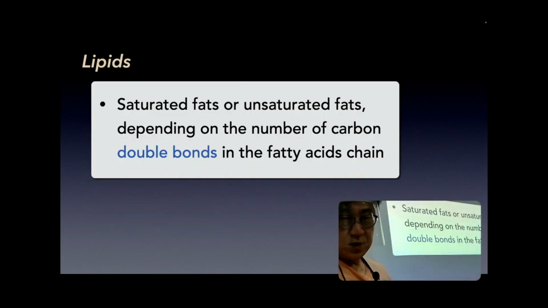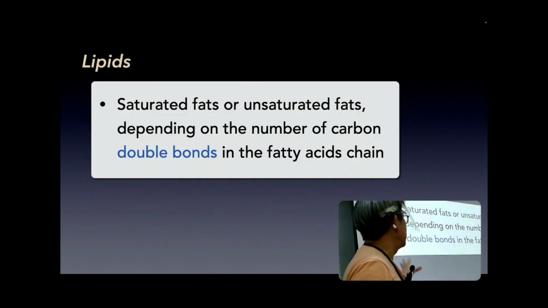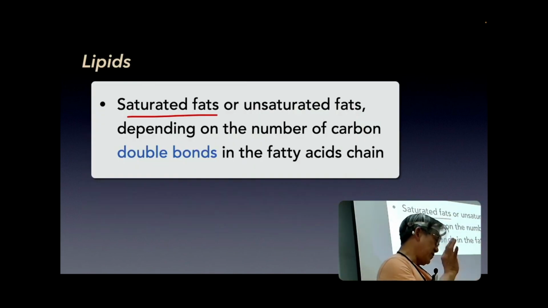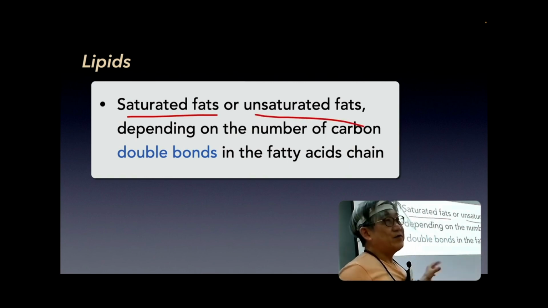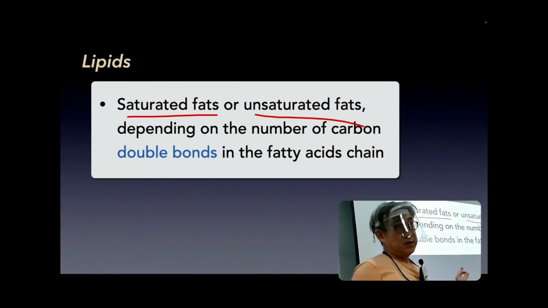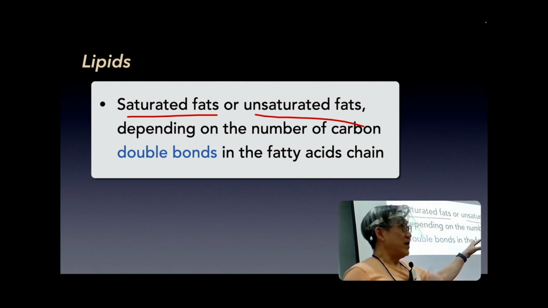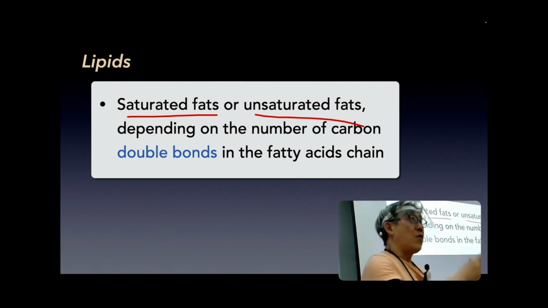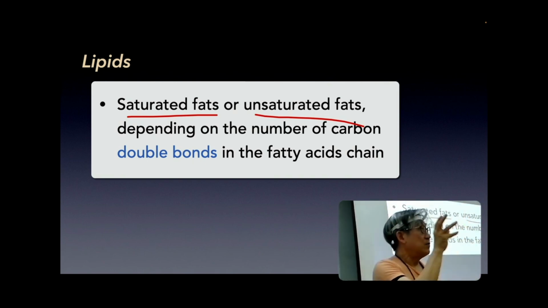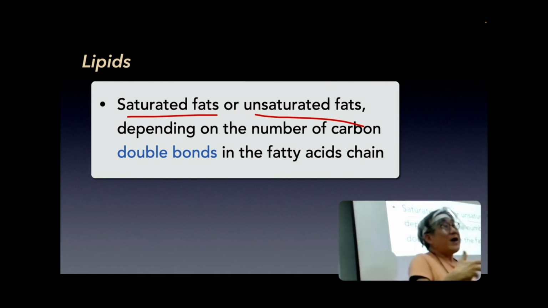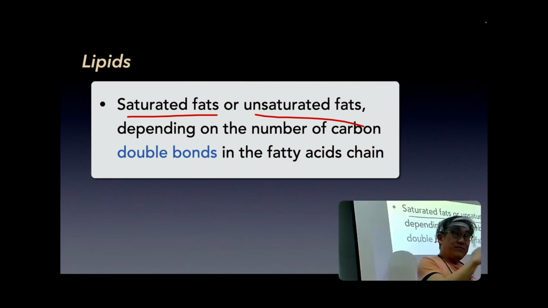And that's what we distinguish between saturated fat and unsaturated fat. Saturated means not having any double bond, so it's an animal fat. The reason we call them saturated fat is that all carbons in the fatty acid are engaged in covalent bonds. It's saturated.